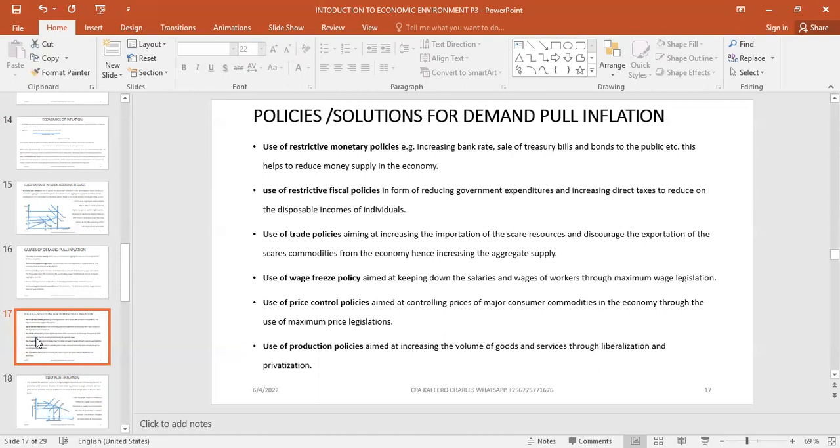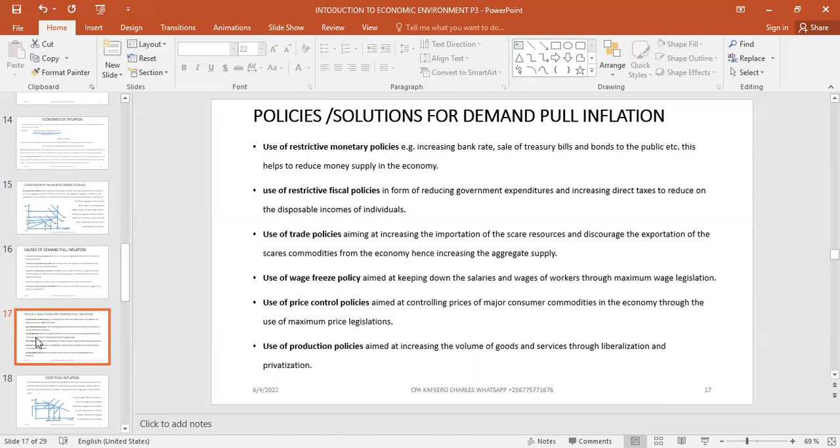When you do so, you are reducing someone's disposable income, which will eventually lower their purchasing power. So when we use these wage freeze policies, we set a maximum wage legislation to reduce the demand for more salaries by the workers. And when we do so, we've automatically reduced the inflation.